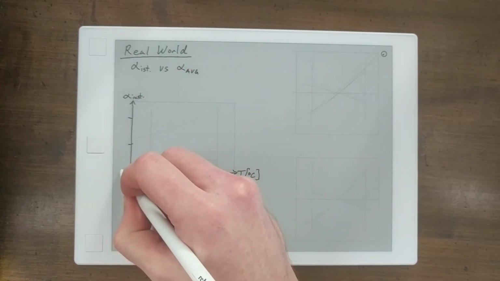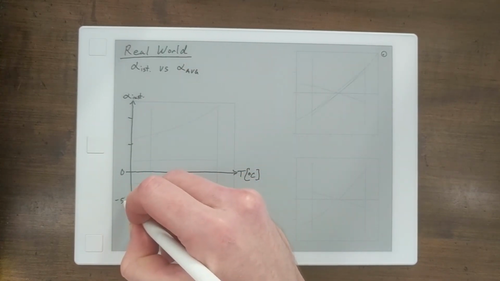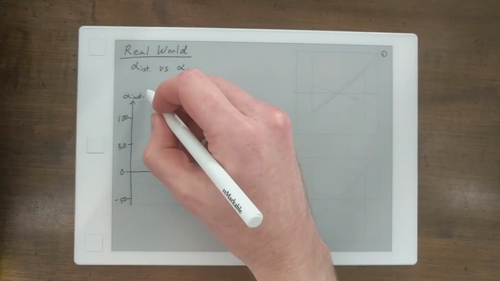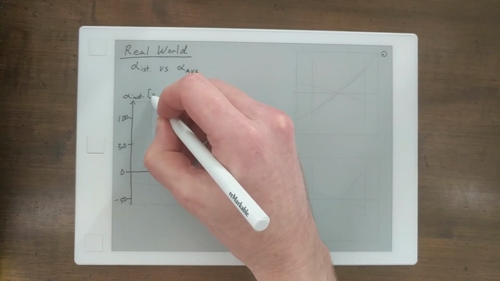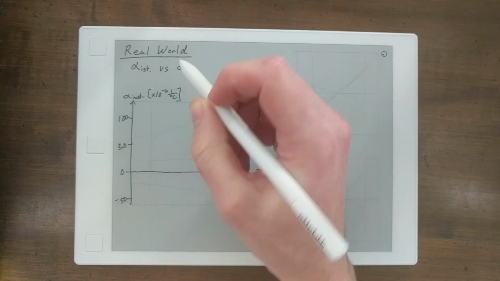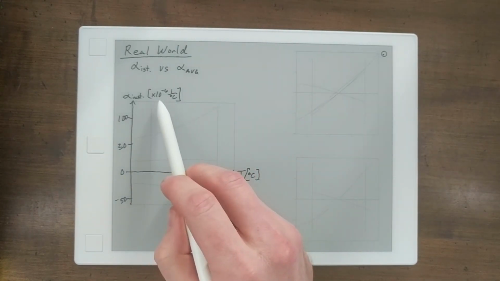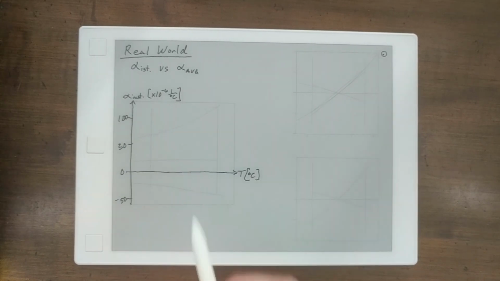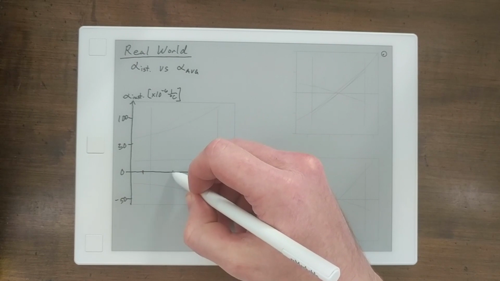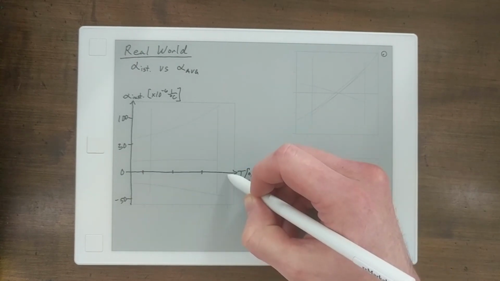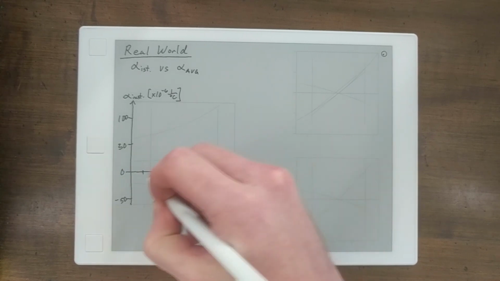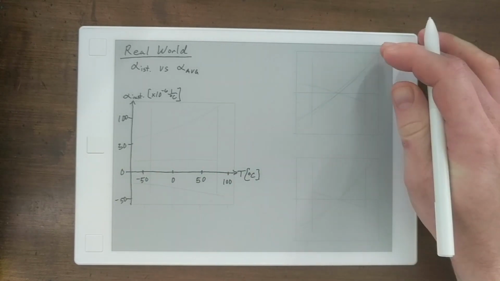The vertical axis will be -50, 0, 50, and 100, in units of times 10 to the -6, 1 over degrees Celsius or degrees Kelvin. So this is 100 times 10 to the -6 per degree C. And for temperature, this will be -50, 0, 50, and 100 degrees Celsius.